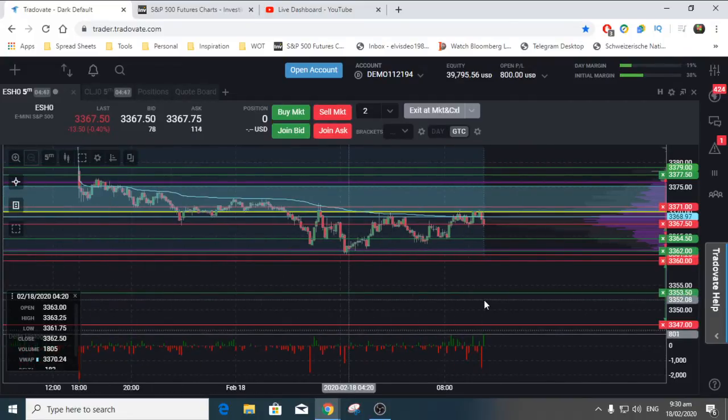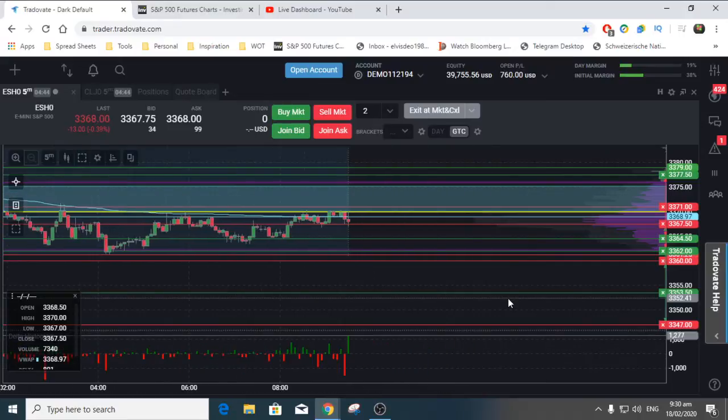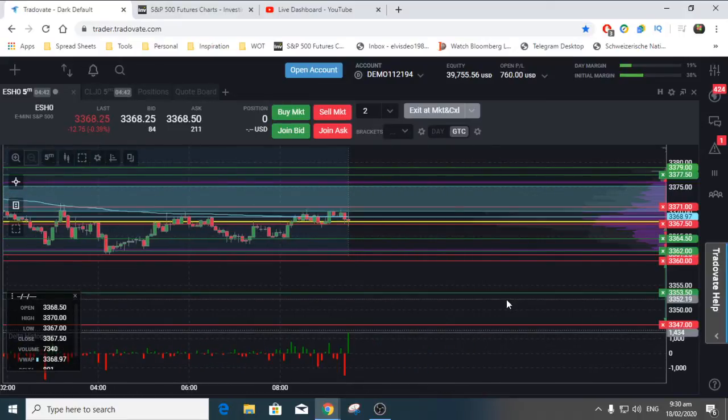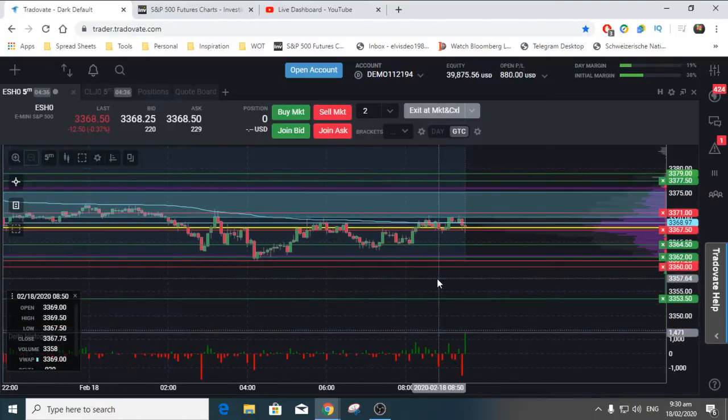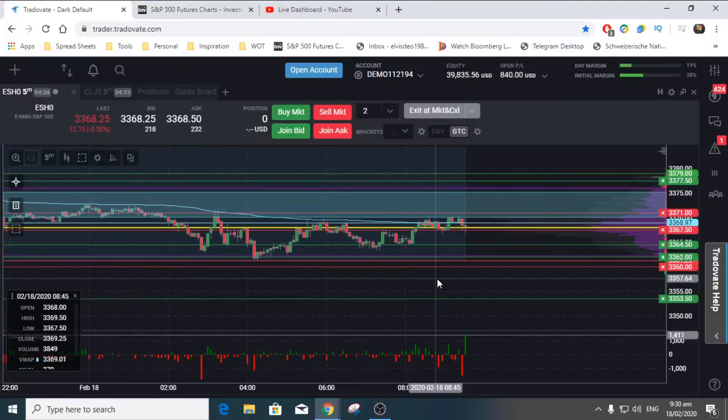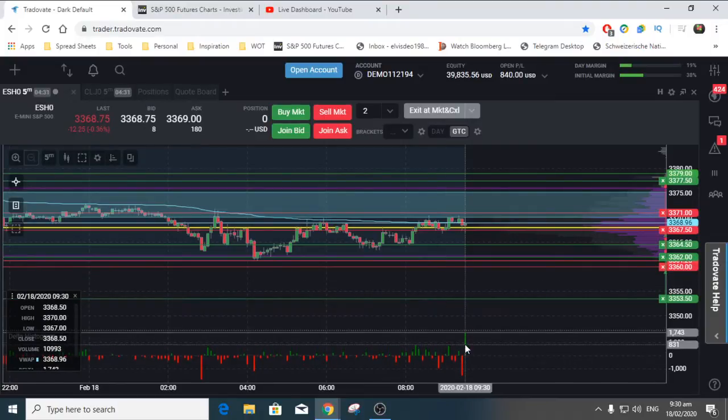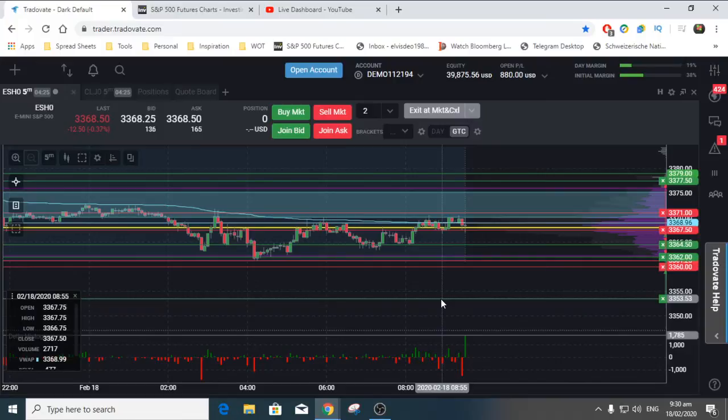Market is open. Wait for it. See how the market reacts. You can see delta, delta, delta. Looking at the delta number here, 1600 positive.